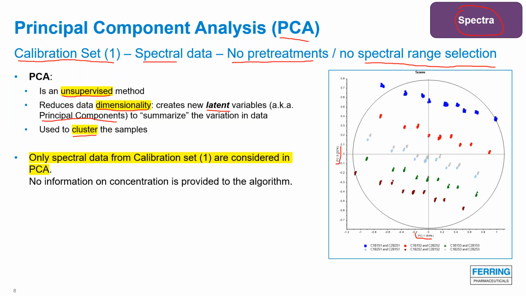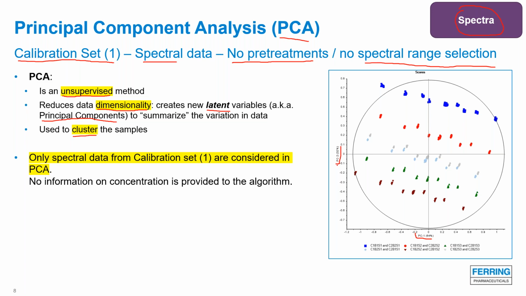And this is what I meant earlier by reducing the dimensionality. We started with a data set where we have more than 800 columns, and we summarized it using only 2 variables, so principal component 1 and principal component 2, which account for 96% of the variation we have in the spectra. So it's really a very interesting tool to reduce the number of variables to manipulate.